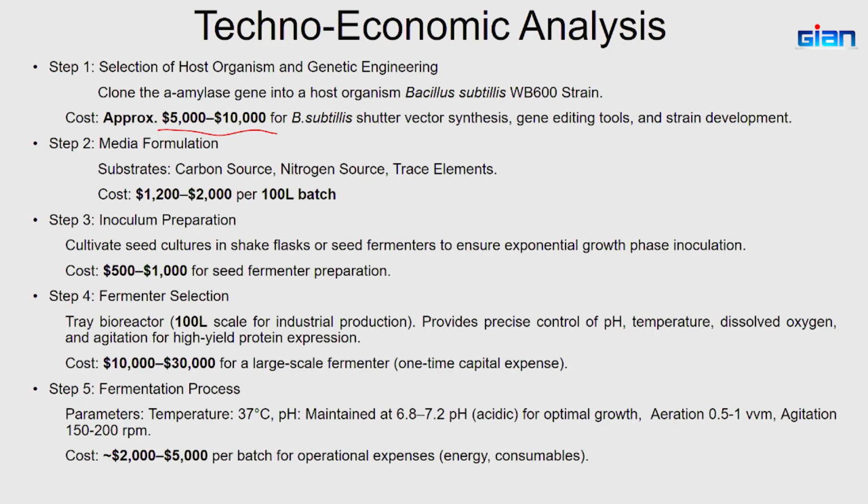The second step will be the media formulation, where we are using wheat bran as the carbon source and a nitrogen source. We found that for a 100 liter batch culture, we have to spend almost $12,000 to $200 for the 100 liter batch. And the inoculum preparation for the seed fermenters was found to be $500 to $1,000.